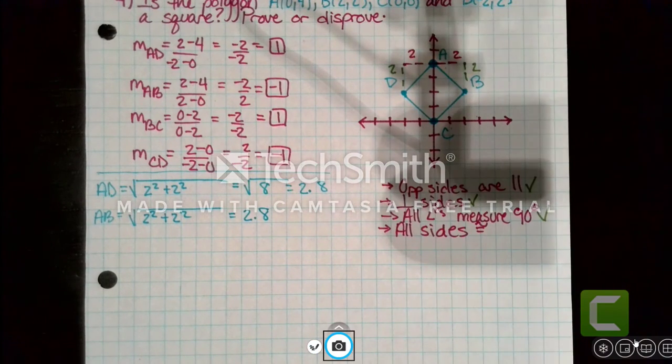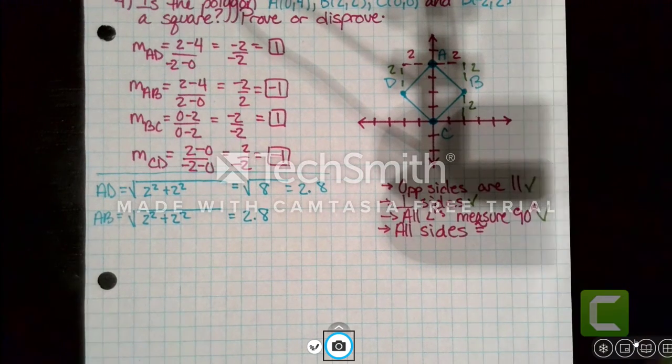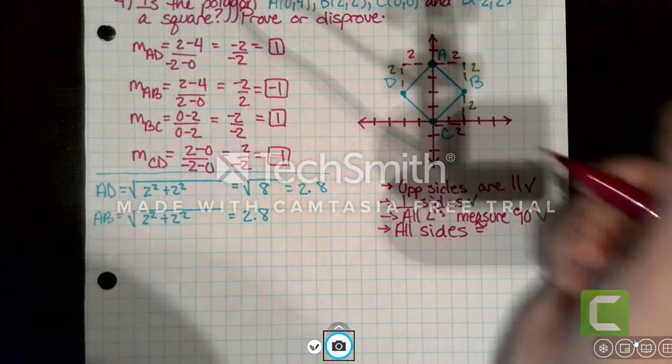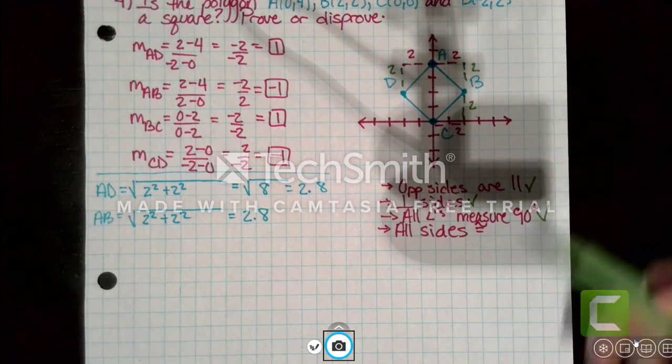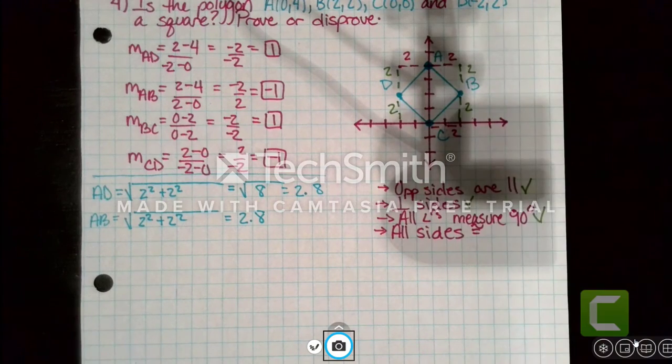If you look here, every single side has the same horizontal distance and vertical distance of 2, both for BC and for CD.